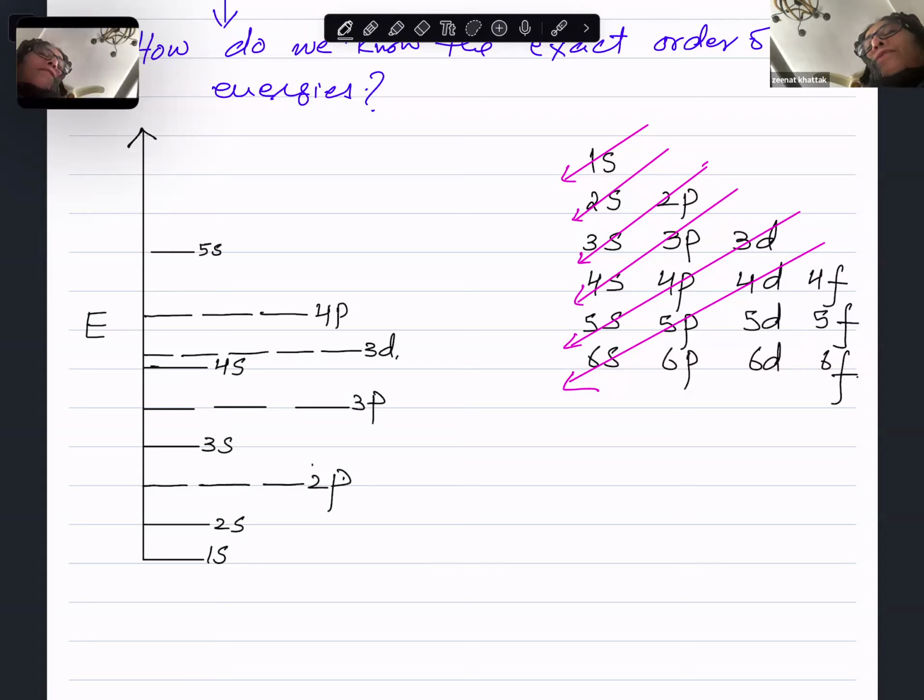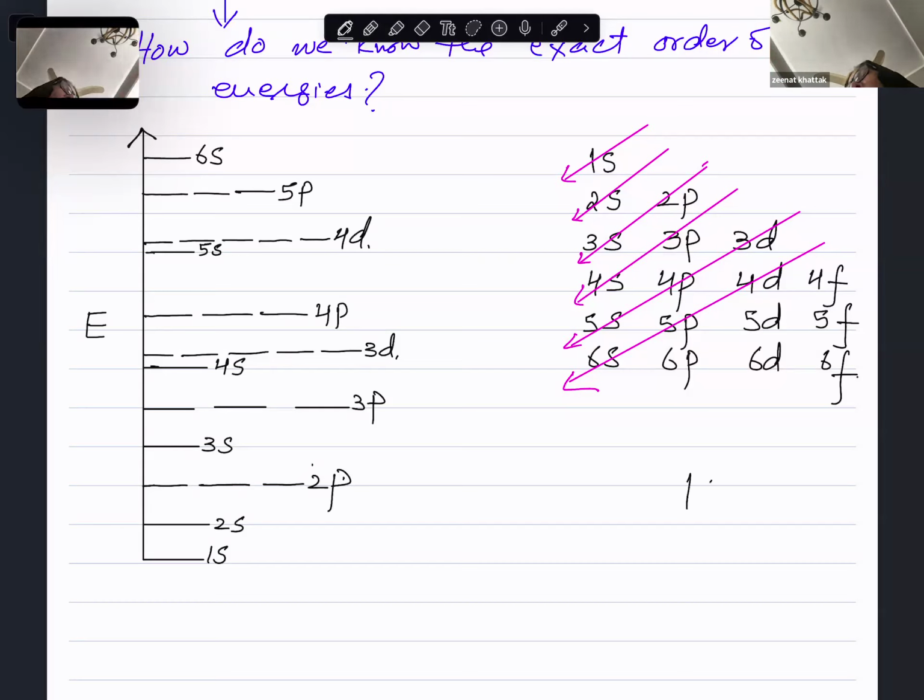And after 5s, the next is what? 4d. And after 4d, the next is what? 5p and then 6s. Look, we are doing this up to krypton, 36. We don't need to go for all of them.